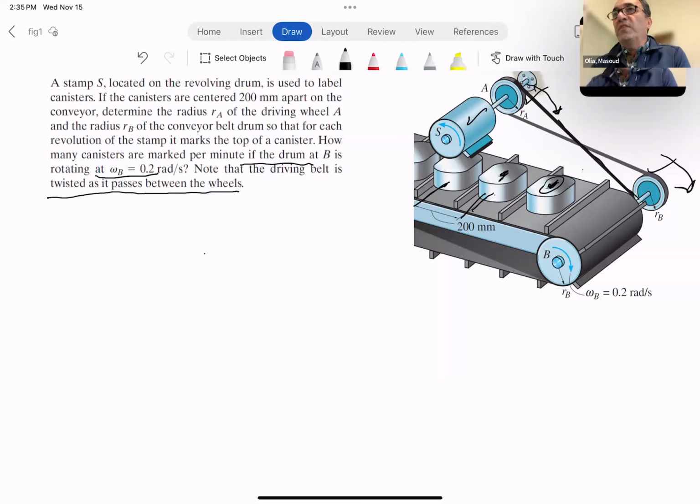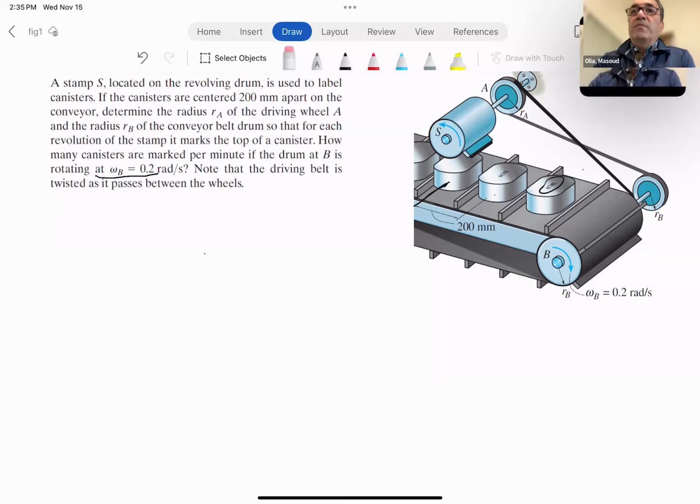But if you twist it, the way it's shown, then if one goes clockwise, the other one would go counterclockwise, which is the direction that you see here. That's the reason, by the way. Kind of like gears. Gears work the same way, right?